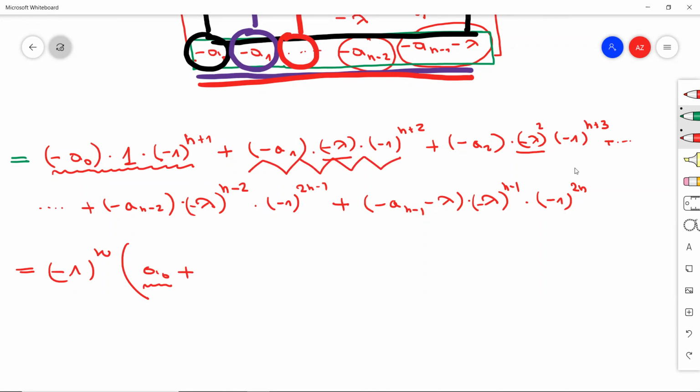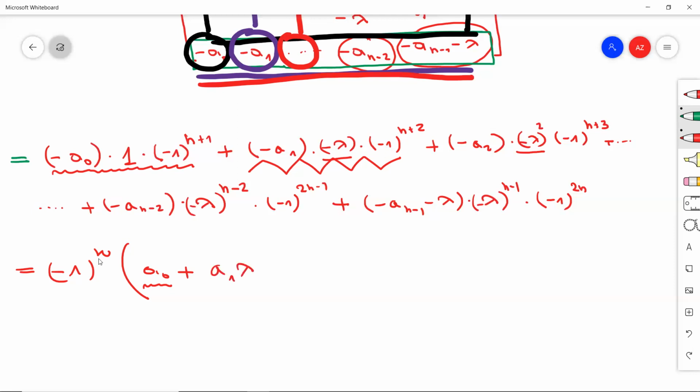And -1 also multiplies by -1 because of this lambda. So in fact, -1 is raised to the power of n plus 4. So it's -1 because of this a1, then -1 because of lambda, and -1 to n plus 2 because of this part. So it's -1 to n plus 4. So altogether it's -1 to n. So here we get a1 lambda.